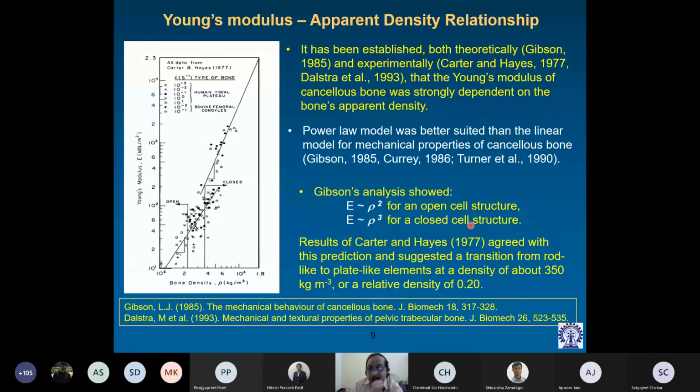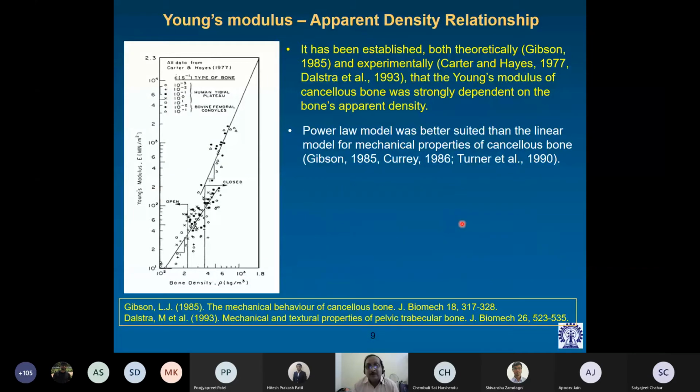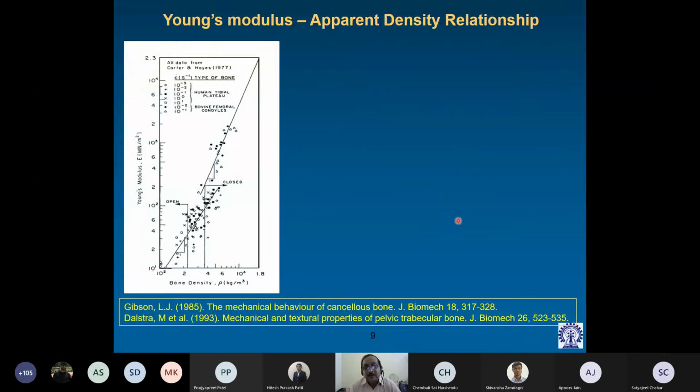Let me first explain the figure that I have attached, then I will conclude with the text. All the data you can see here belong to Carter and Hayes. Here also you can see the human tibial plateau and the bovine femoral condyles, different types of data plotted with different symbols.